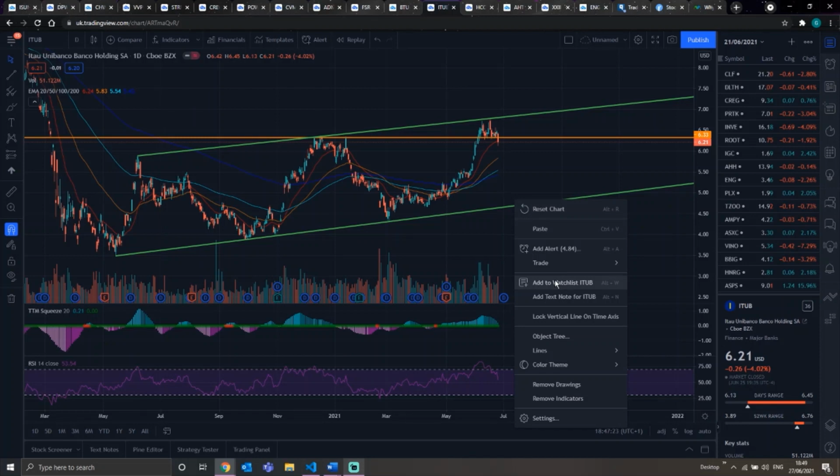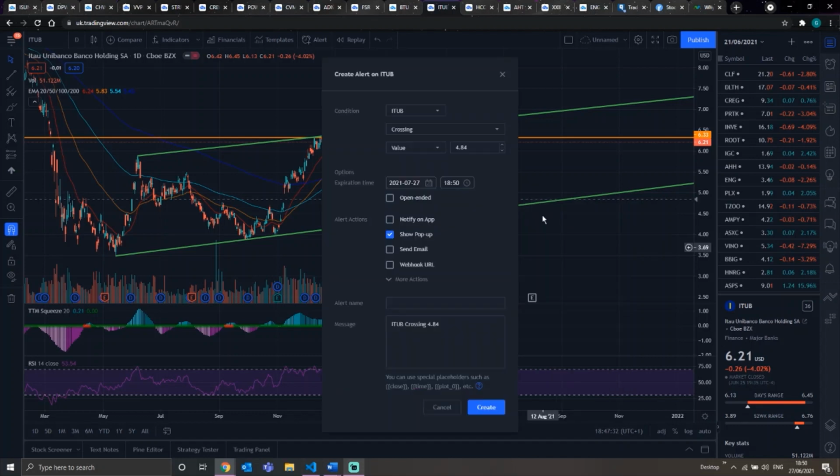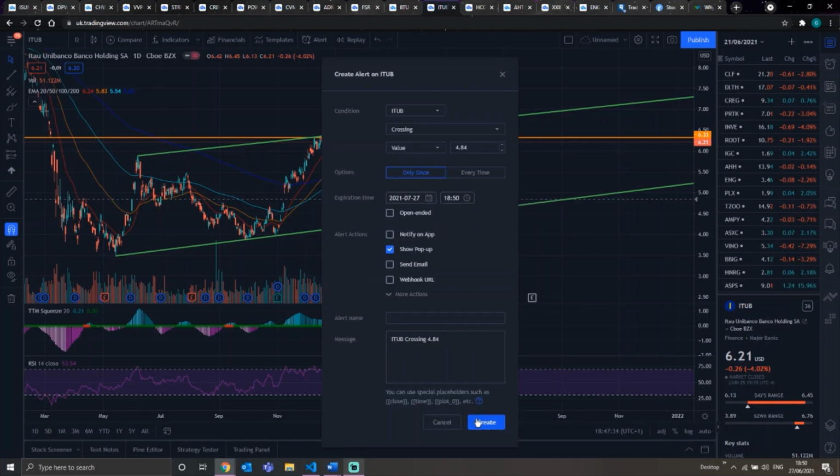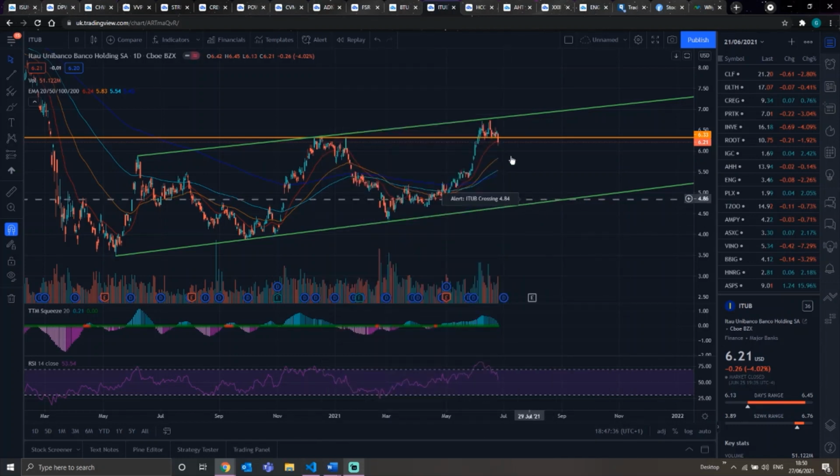You'll see a lot of my horizontal levels on the charts are slightly off the actual strong support and resistance levels, because I've got my alerts set on them. So when it's coming down, you know to start looking on its way down. Then when it hits that, that's when you look at the intraday chart, and you do the same for the way up.